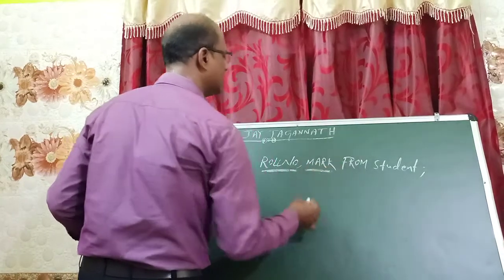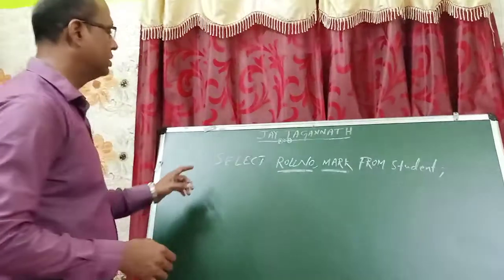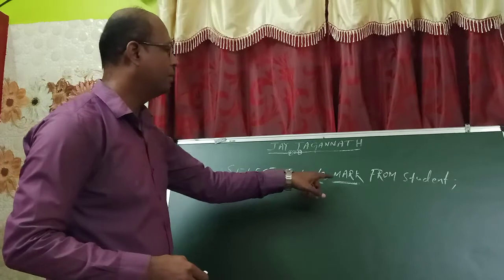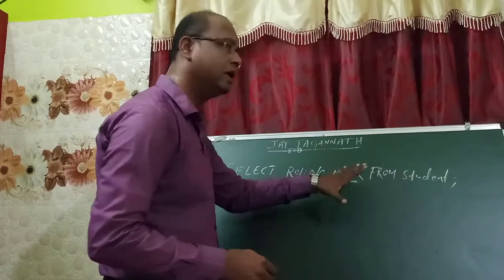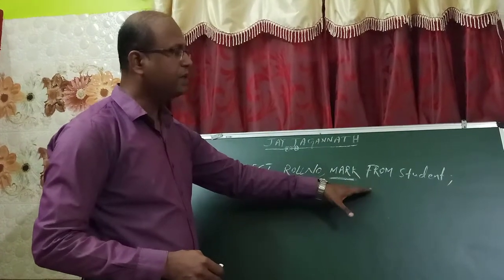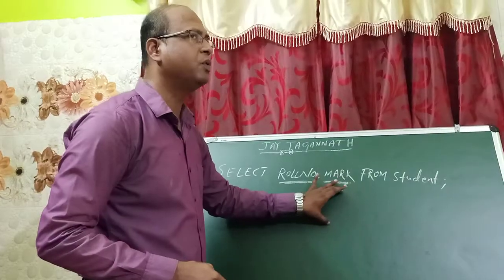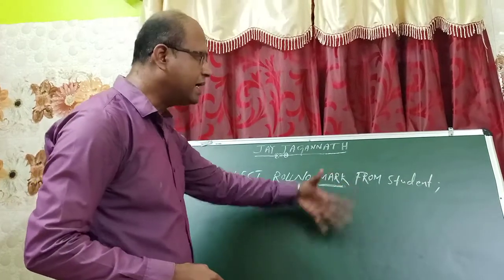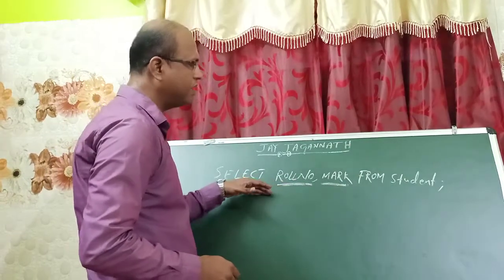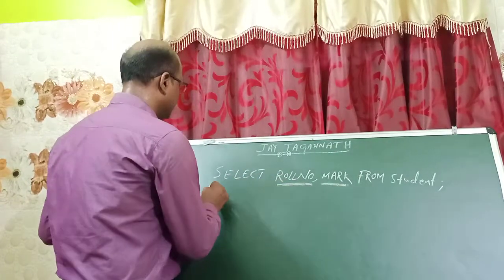Roll number and mark are the names of the columns. So select roll number, mark from student. Here, one thing you can notice, we didn't use any type of where clause, because unconditionally we retrieve the data from the table.